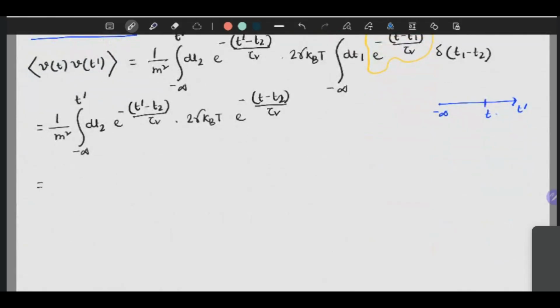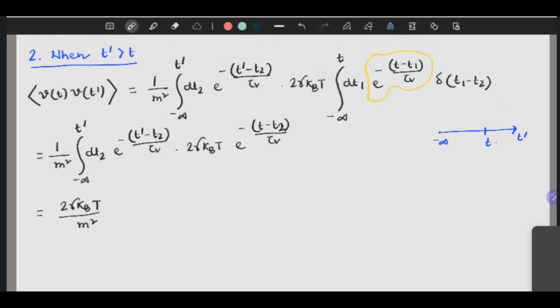Now since you just get this outside, this will be 2 gamma kbt by m squared, and only the integration remains. So this will be t prime, probably.